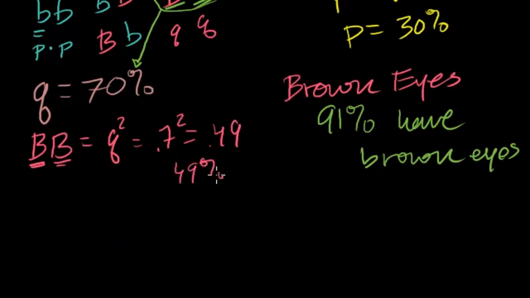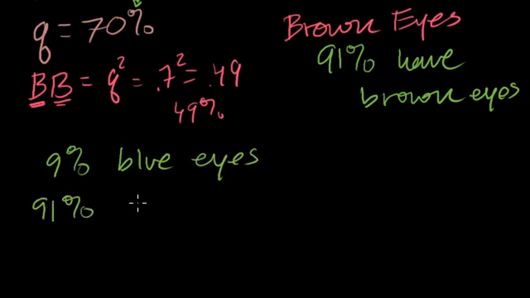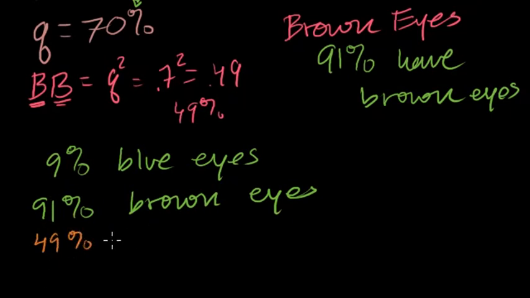So just starting from that one idea, that 9% have blue eyes, we've already been able to deduce that 91% must have brown eyes, and of those brown-eyed people in the whole population, 49%, this isn't 49% of the 91, this is 49% of the population, are homozygous dominant.